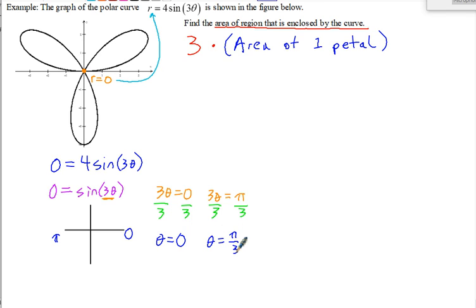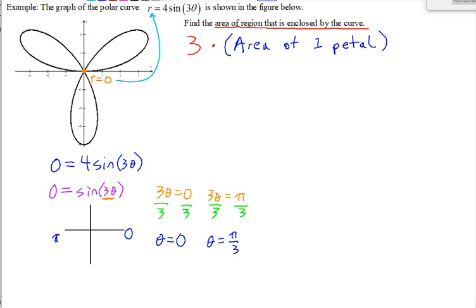So those are the first 2 places that make the radius 0. That tells us that's going to give us one of these petals. It doesn't matter which of the 3 it gives us. Because these are both in the first quadrant, it's likely giving us this first one here. But it really doesn't matter which one, as long as we just get one of them.